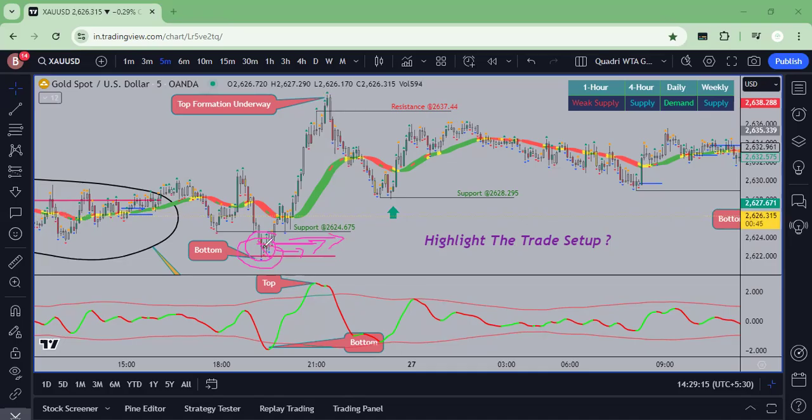They can accumulate the quantity in XAUUSD so that they can move the market upwards. So accumulation was going on here, and after accumulation, this is the result which we normally see.